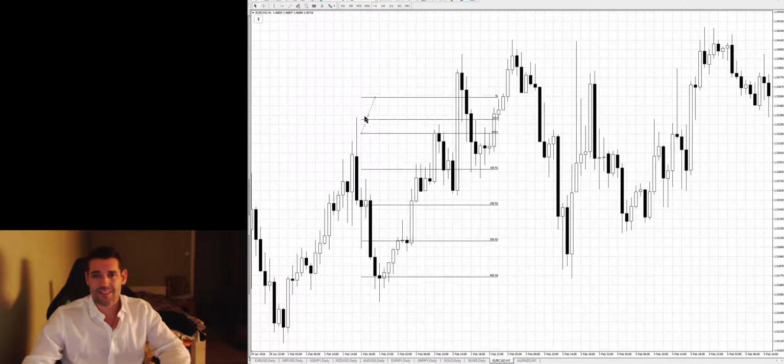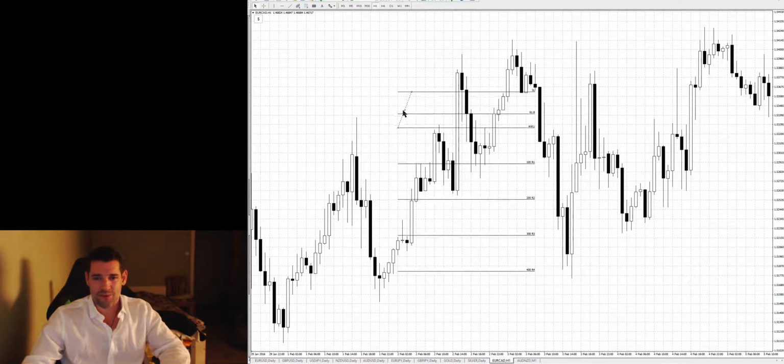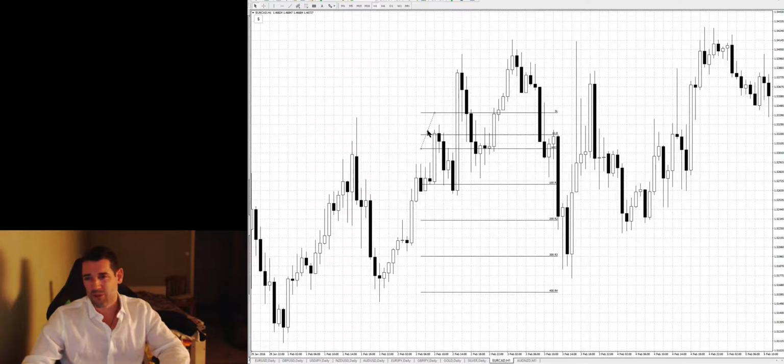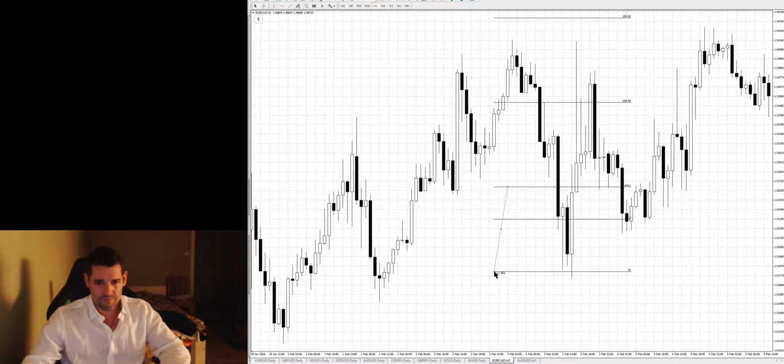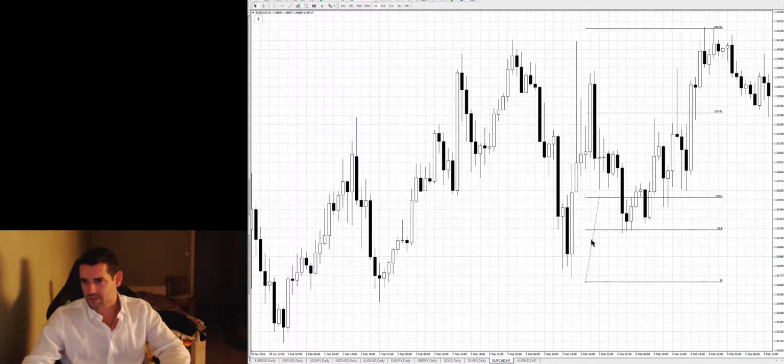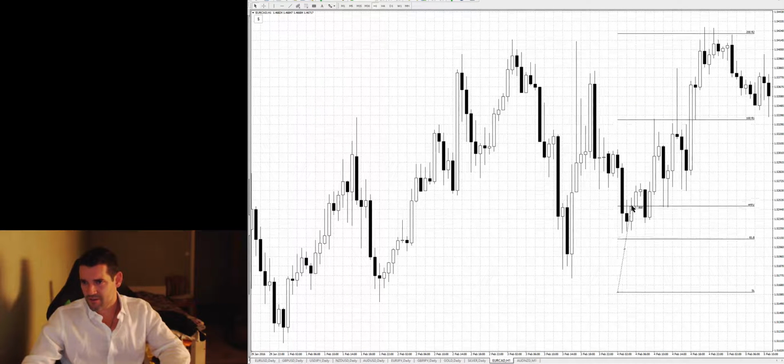Now, this is not about prediction, but this is about showing more. Let's do this one. Let's do this. Right. Example. Is there a good example on this chart?